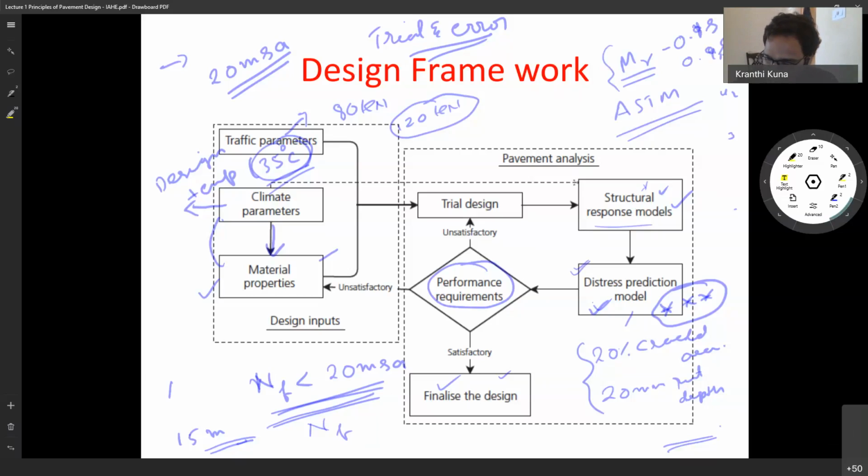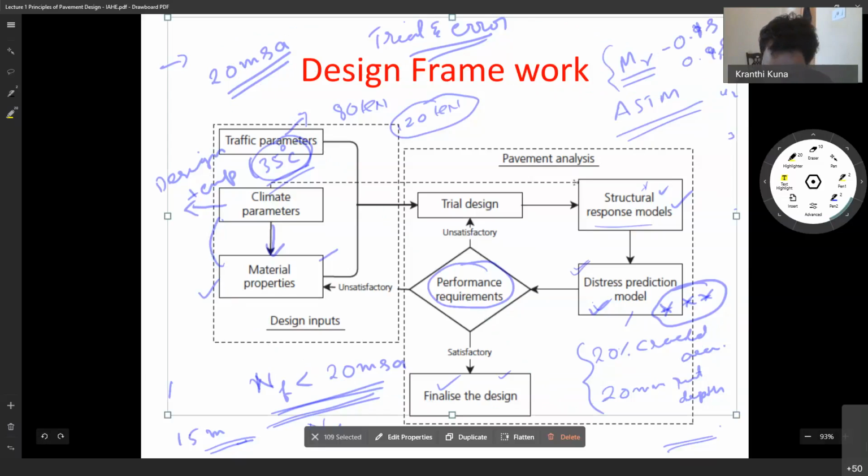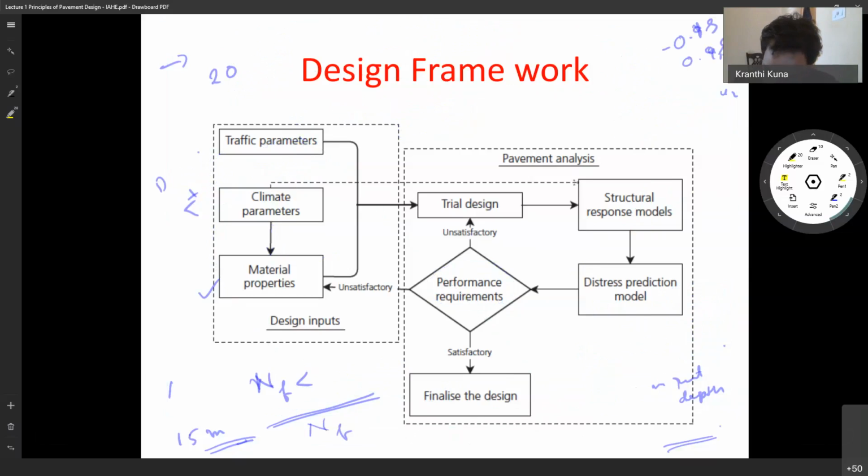So that is the general framework that we discussed yesterday. We also discussed distress prediction models and some of the traffic parameters such as load distribution factors, why we have load distribution factors, and how to predict if you forecast the traffic.